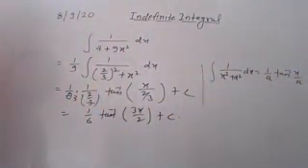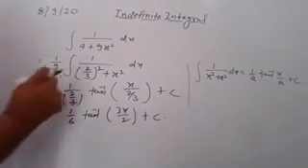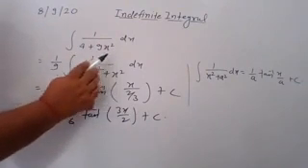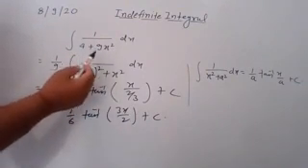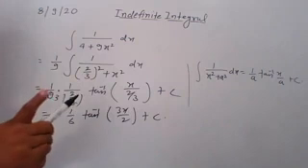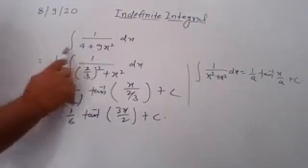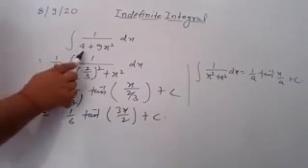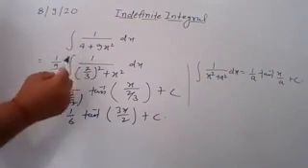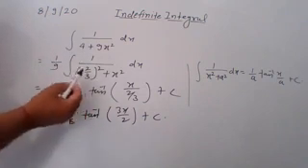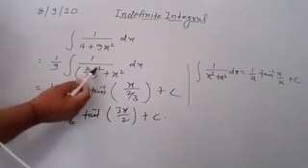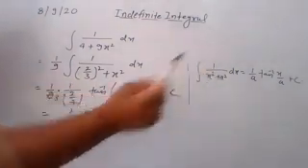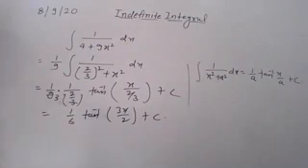Now what you do in that case: if you have an integral in this form, you have to make the coefficient of x square equal to 1. To make it 1, you took 9 common from here. So when you take 9 common, what comes in this place? 4 upon 9. You have to express that as a perfect square. So 4 upon 9 can be written as 2 by 3 whole square, plus x square. And after that you apply the same formula here, and you get your result.